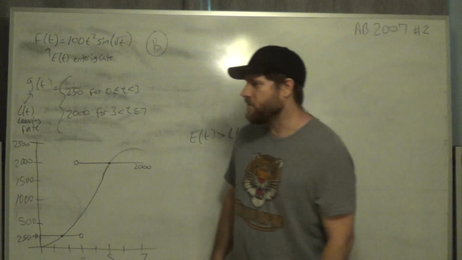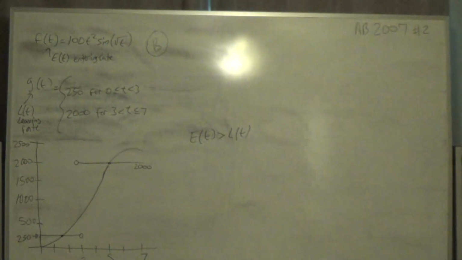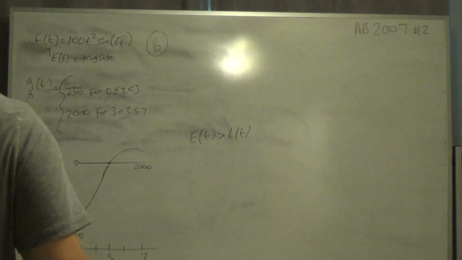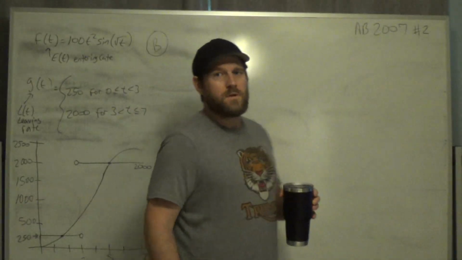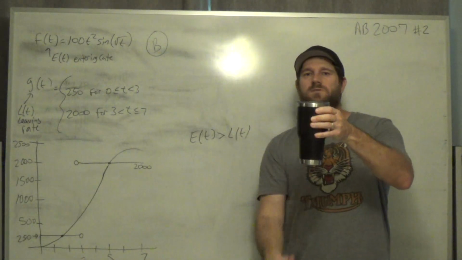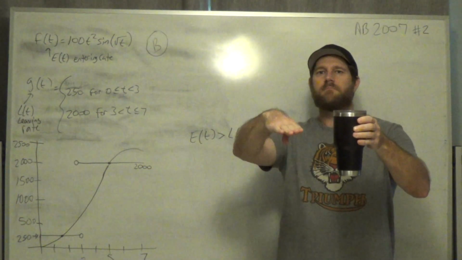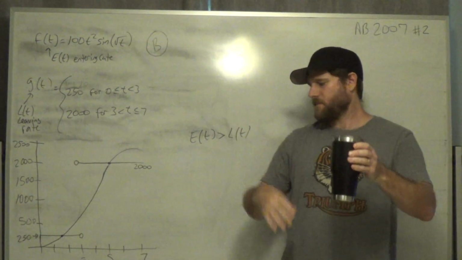So we got our cup. Alright, here's my cup. Cup O entering rate. When my entering rate is bigger than my leaving rate, I'm pouring things in faster than it can leak out. So if I pour stuff in faster than it can leak out, the amount increases.